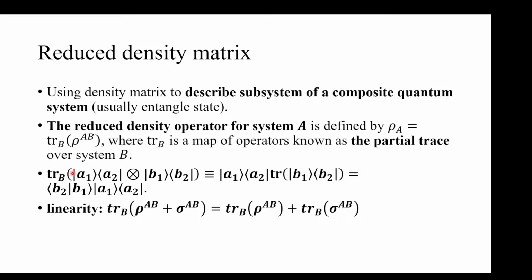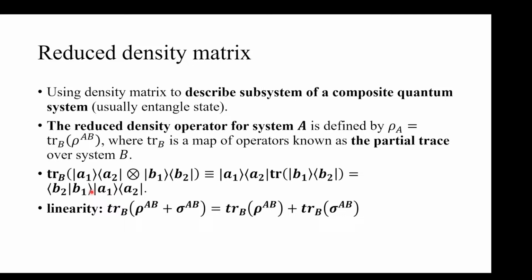Cool. So if you take the trace_B of some tensor product of matrices, then you just trace the second matrix. So trace_B of A1 |A1><A2| tensor |B1><B2| equals, throwing away the B part, you become an A part matrix. This is |A1><A2|, times the trace of |B1><B2|, which is equal to <B2|B1>. Because the trace is cyclic, you put B2 together with B1, and this becomes a number: B2 bra times B1 ket, times A1 ket, A2 bra.